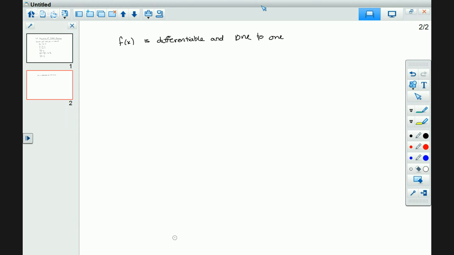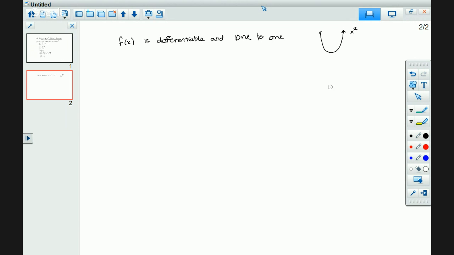Anybody know what one-to-one means? Remember, a function is when every x has one y. A one-to-one function also has one x for every y. Keep in mind, it has to pass the horizontal line test. Is x squared one-to-one?